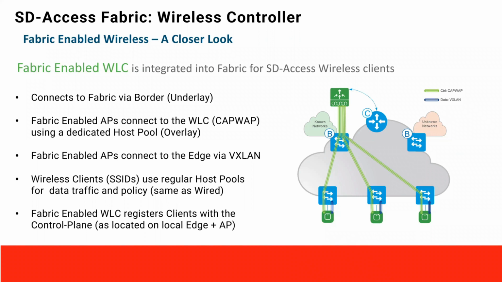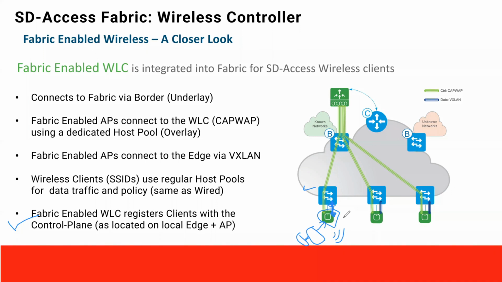Pranav, I don't understand the last point. What does it mean that fabric-enabled WLC registers clients with a control plane? I'm not very comfortable with the wireless side of it. No problem. Just relate this specific point with what I said. This edge will treat this wireless client the same as the wired client, because this access point is already forming a VXLAN tunnel with the edge node.